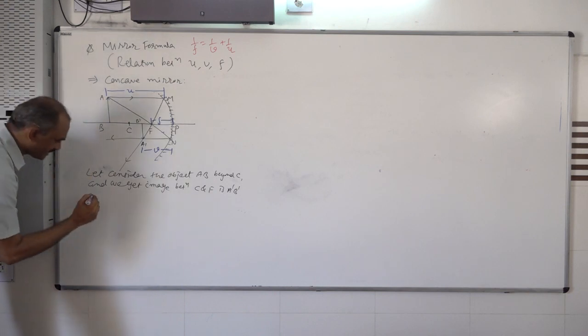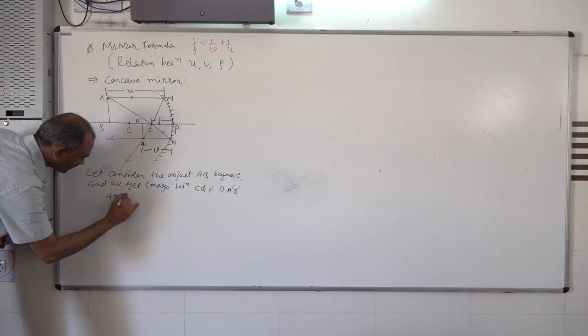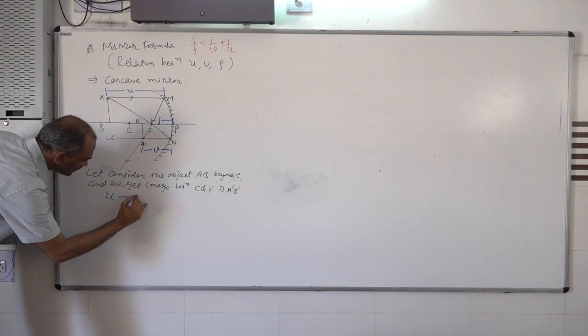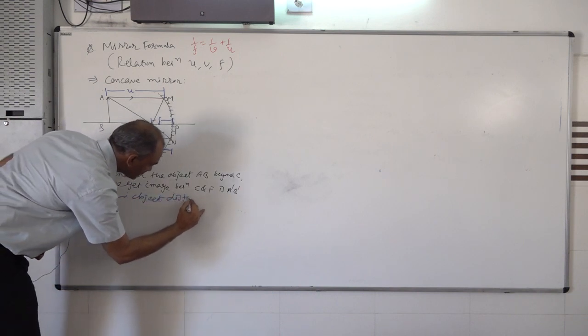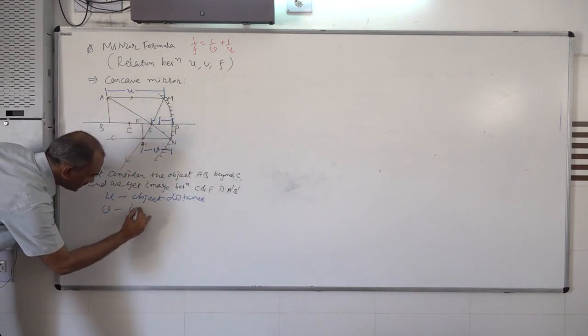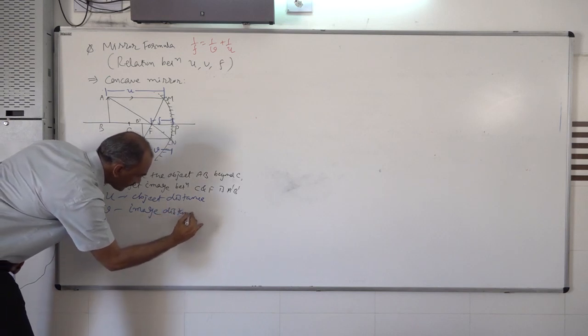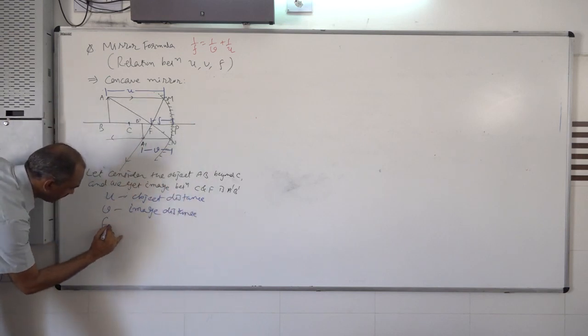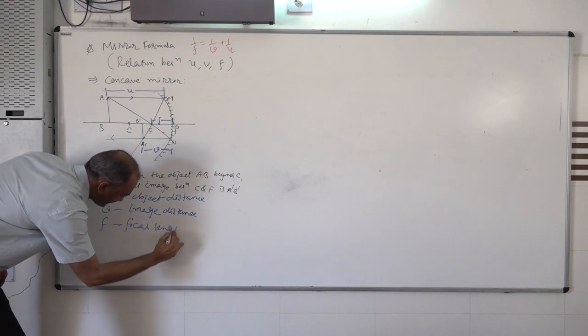In this case our object distance AM is U, V is the image distance, and F is the focal length.